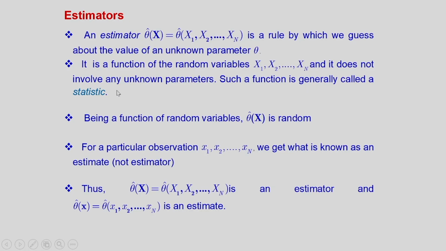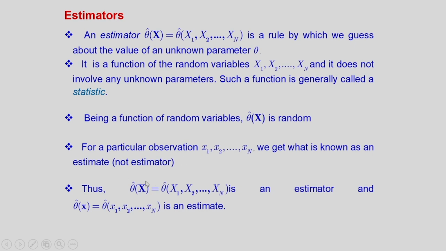So, an estimator is a statistic. Being a function of random variables, theta hat of X is also random. So, that way theta hat of X is a random variable. For a particular observation x1, x2 up to xn, we get what is known as an estimate, not estimator, of the parameter theta.